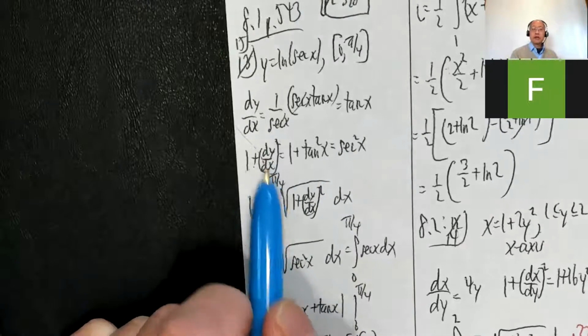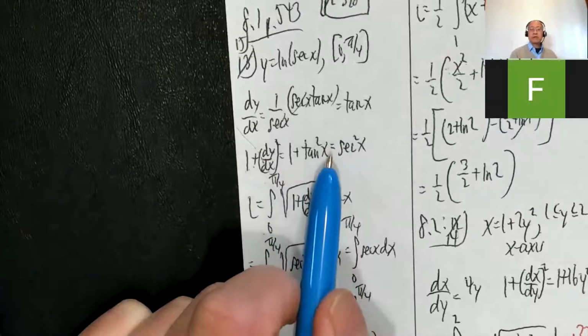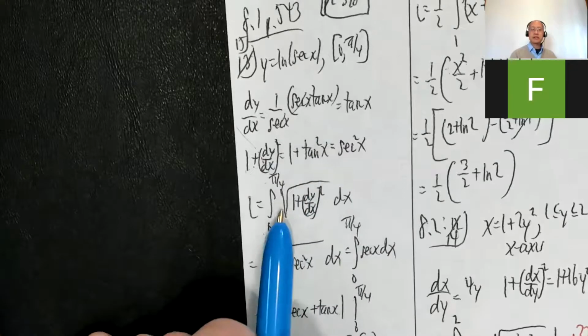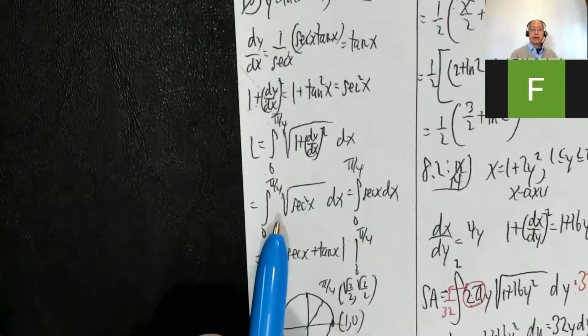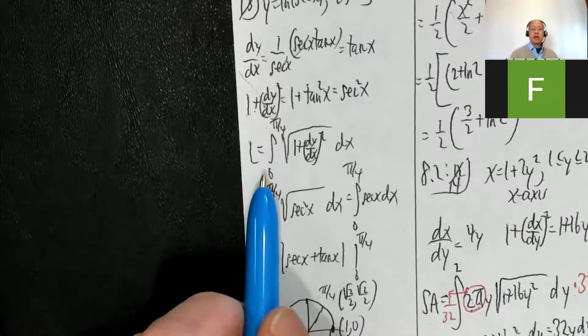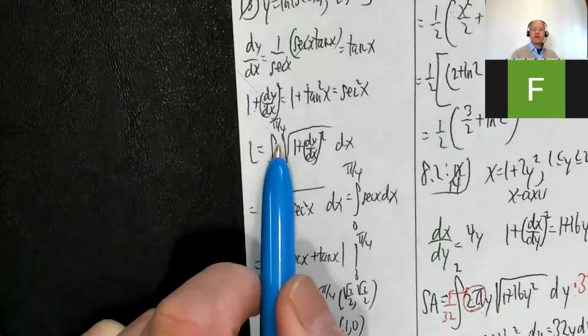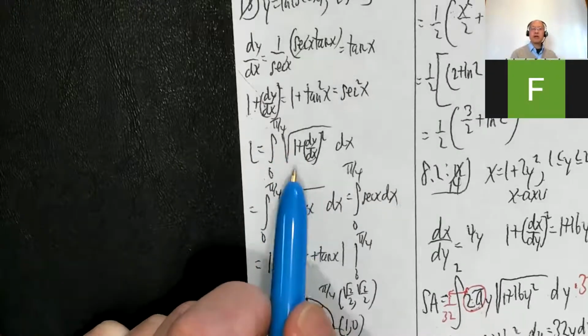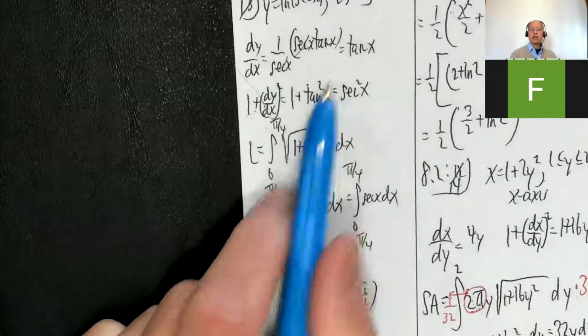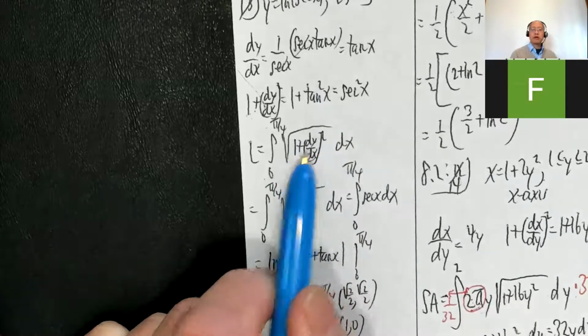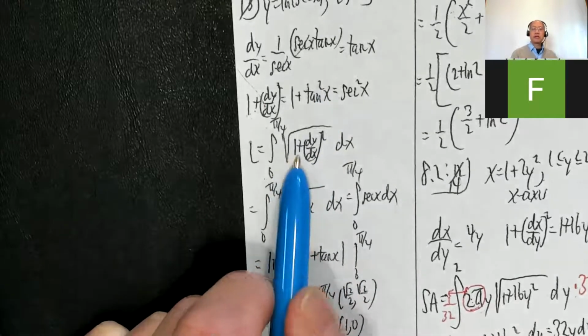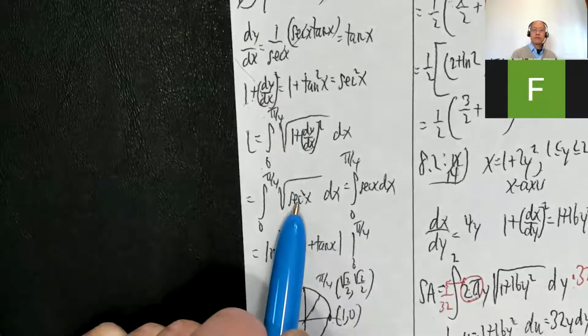So this thing goes underneath the square root. So what happens when you take the square root of secant squared x? By formula, I want the integral from 0 to pi over 4 of radical 1 plus (dy/dx) squared. dy/dx came out to be tangent. Square it, tangent squared, add 1: 1 plus tangent squared, which is secant squared.